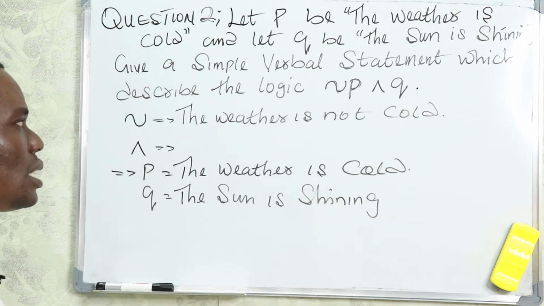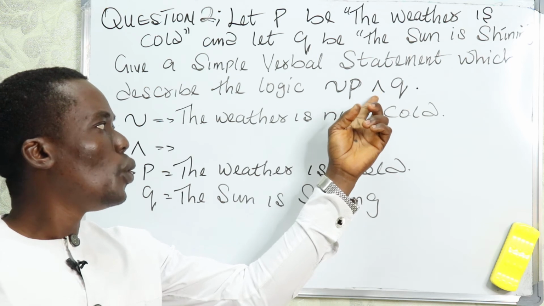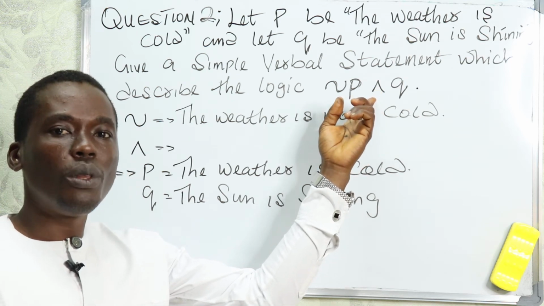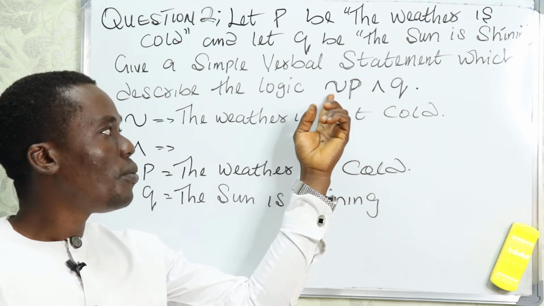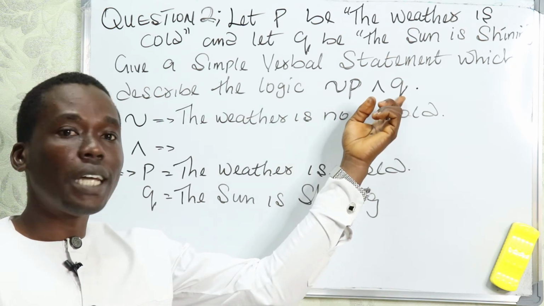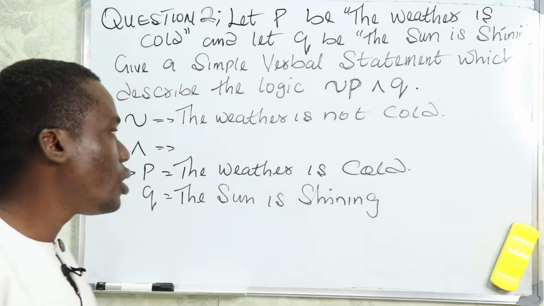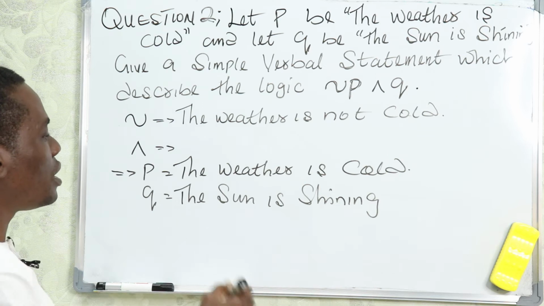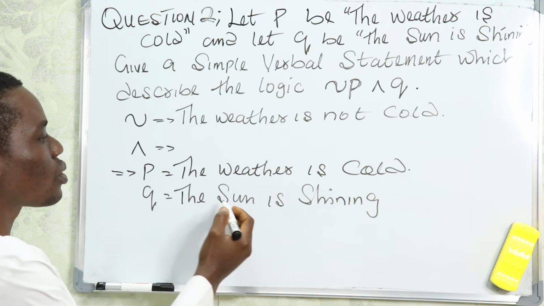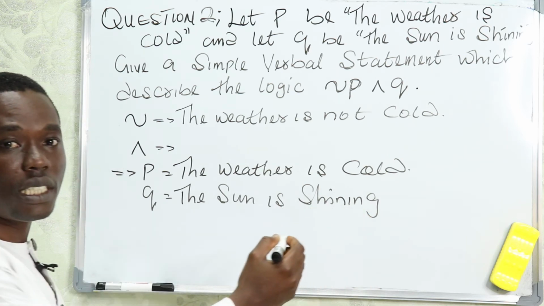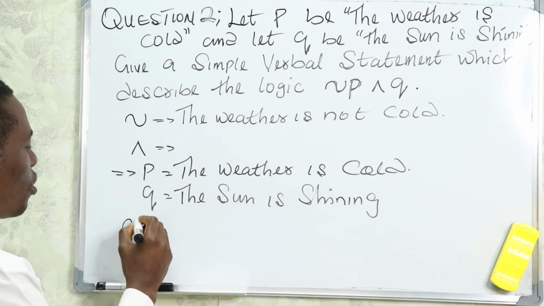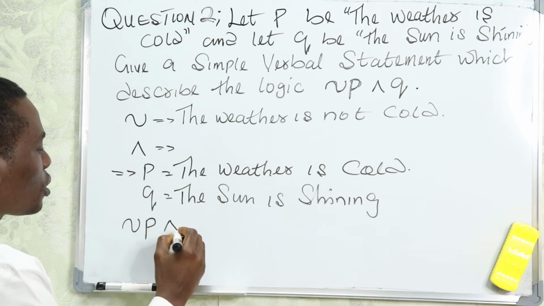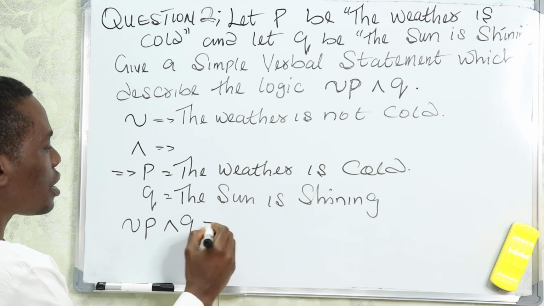Now we are going to find the conjunction of this negation of P with that of Q. Q is the sun is shining.